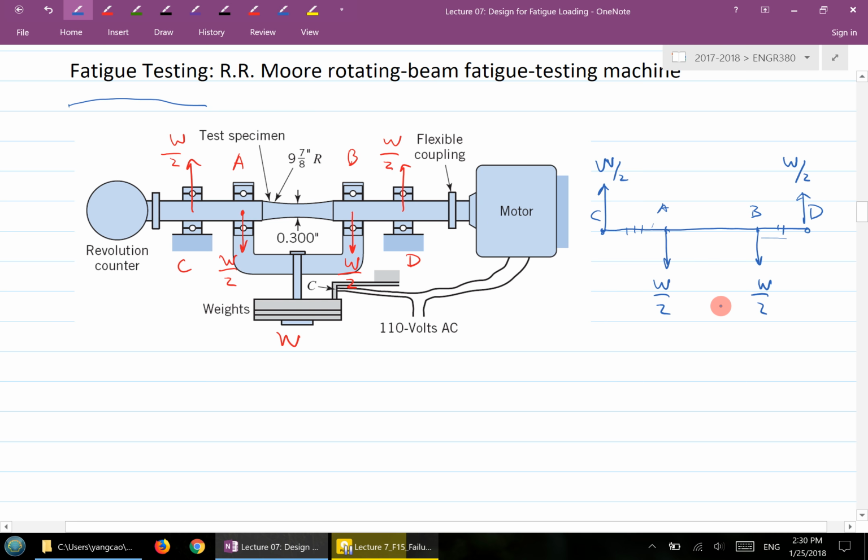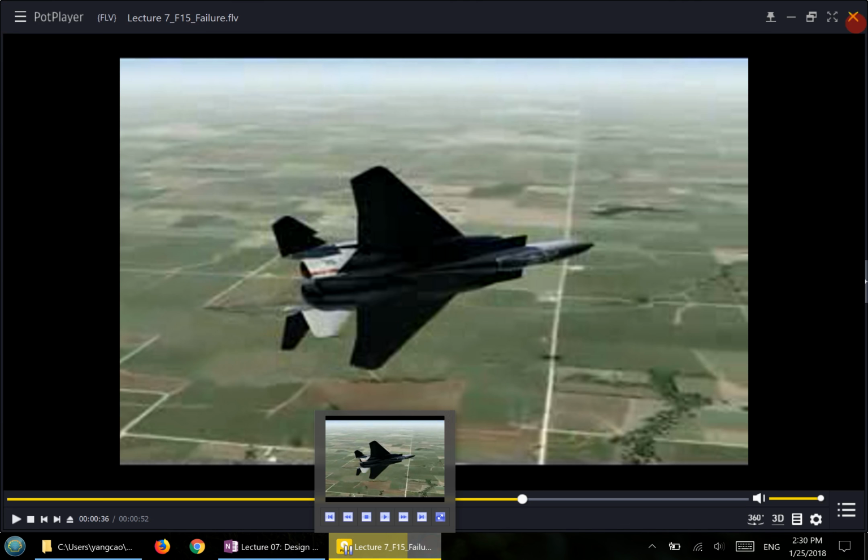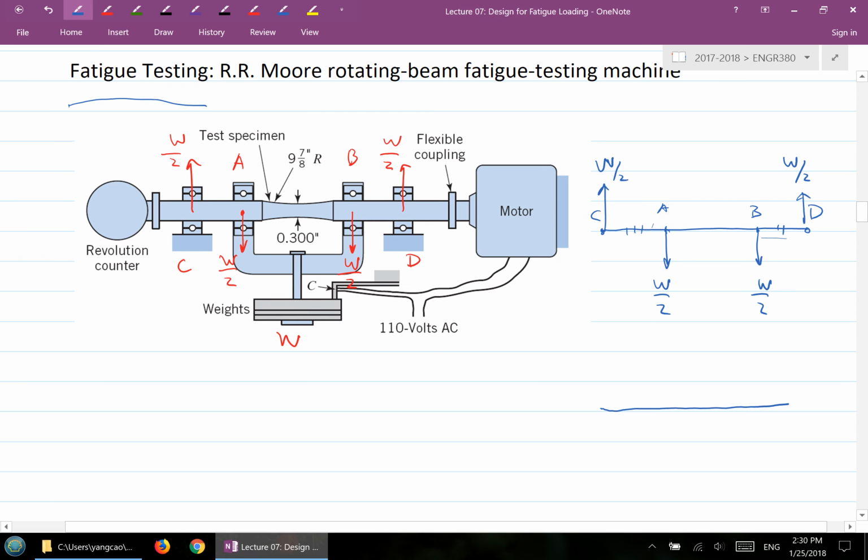It's a shaft. Okay. And in your first tutorial, you learned, for this kind of loading condition, if you're going to draw the bending moment diagram here, what would it look like for the bending moment? It's 0 at the beginning, and increases up to this location, and then drops down to over here, right?